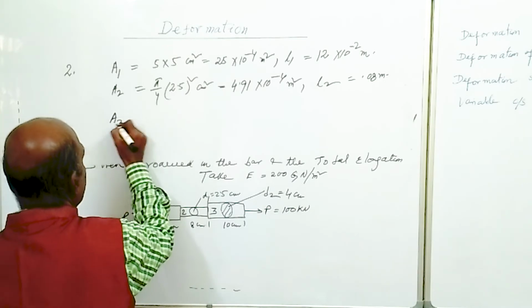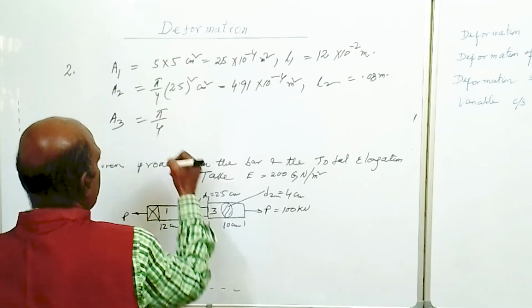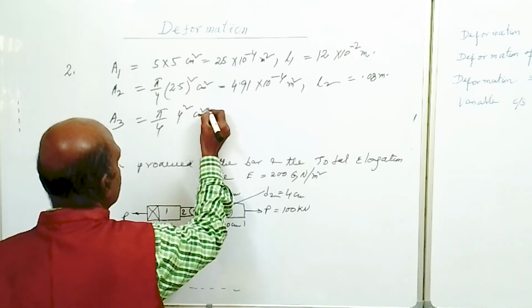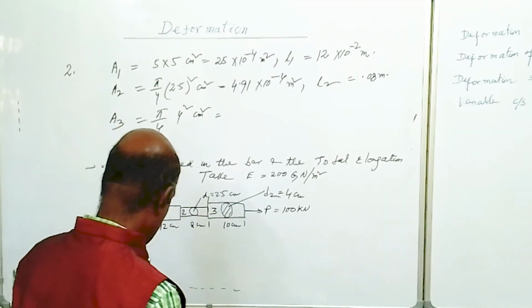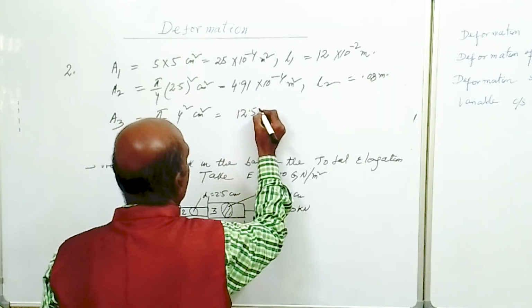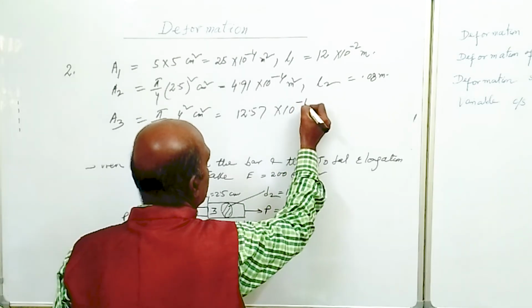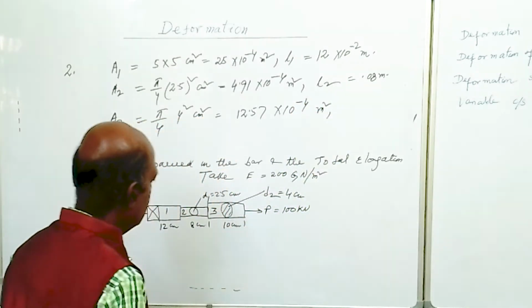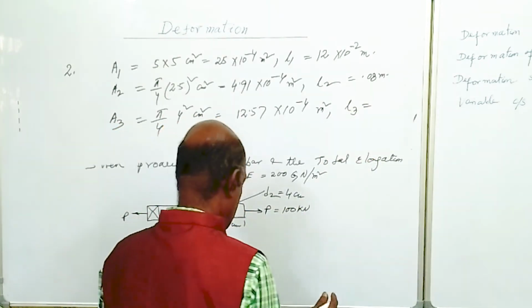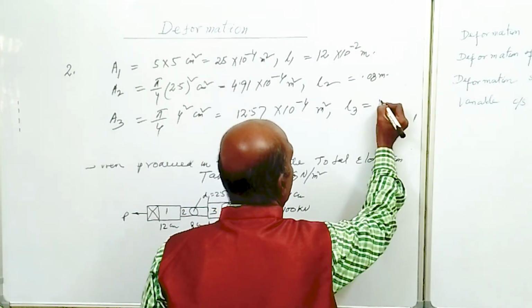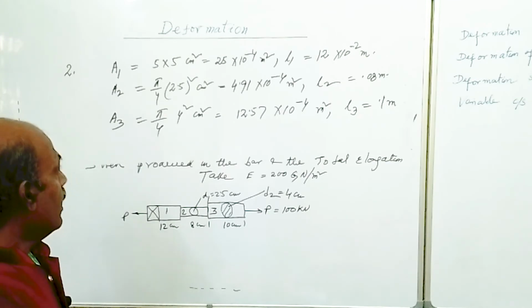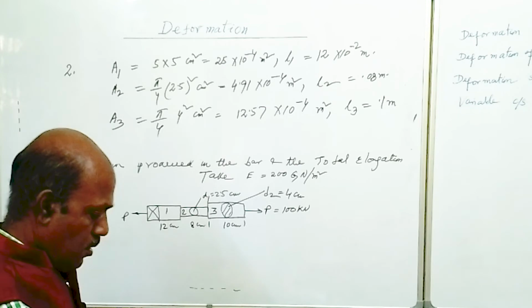Say the cross-sectional area is A3, so it will be pi by 4 into the diameter, which is given as 4 centimeter, so 4 square, centimeter square, converted to meter square it is 12.57 into 10 to the power minus 4 meter square. The length of the third section, L3, is given as 10 centimeter, so we can write 0.1 meter. So we have got the cross-sectional area and length of the respective sections.